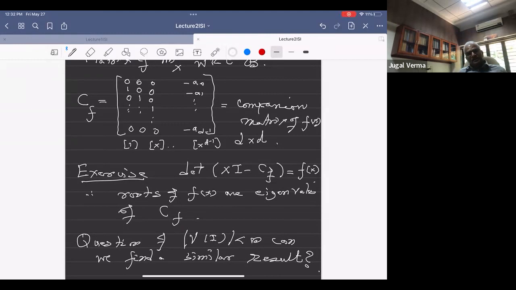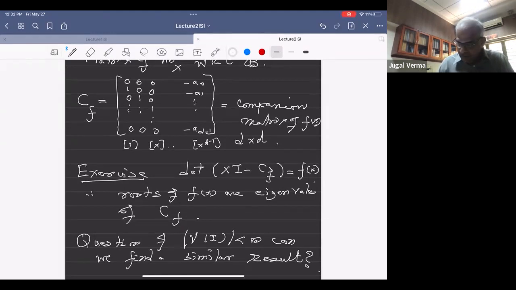So when you see a result about one variable polynomials, you can ask what is the analog for multivariable, and very often the answers are very interesting and non-trivial. You observe something about polynomials in one variable and ask whether this phenomenon occurs in multivariate polynomials also.